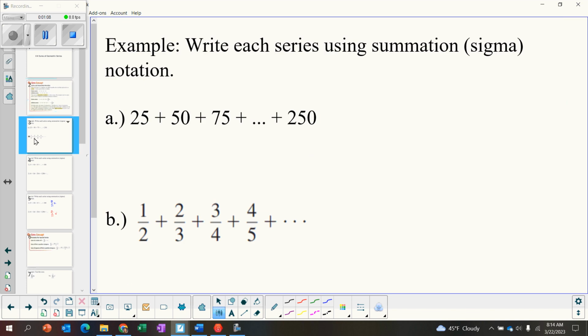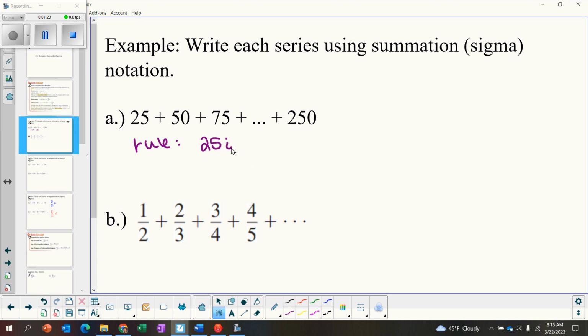So we're going to write each of these series using summation or sigma notation. For the first one, I always start by finding my rule. It looks like I'm increasing by 25 each time, so my rule will be 25i. If you use a different letter, that's fine.